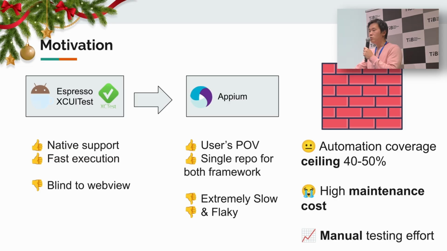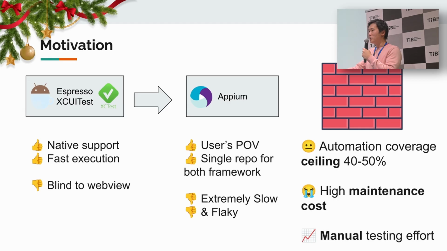So we moved on to Appium. Maybe you've heard of Appium as well. For us, it was an ideal automation framework because we can use the same code for both iOS and Android, ideally. And it was executing from a person's point of view, so it was very nice.